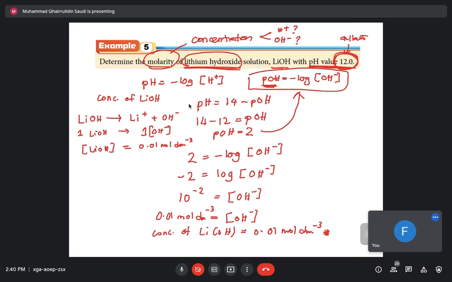Yes? Negatif log kan di sebelah. Mana? Kat mana? Negatif pindah sebelah untuk log tu dia tak jadi positif.